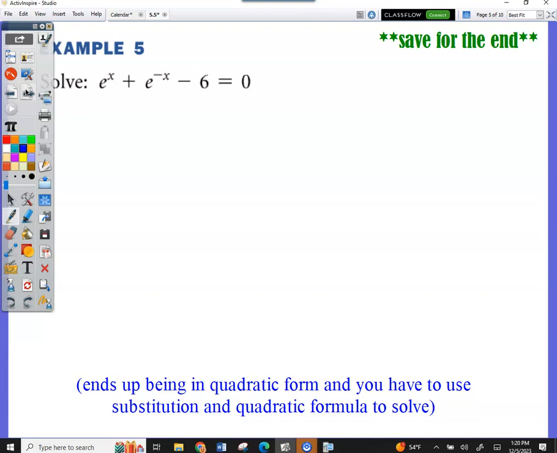Let's make it a challenge question, so it's optional. The answer is ln 3 plus or minus 2 root 2. That is the answer. If you can get there, that's awesome.